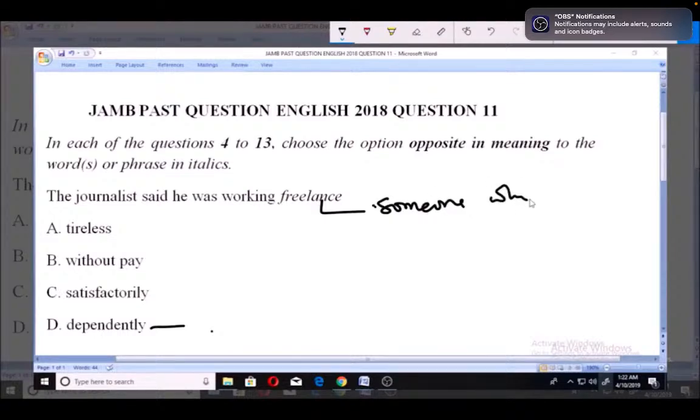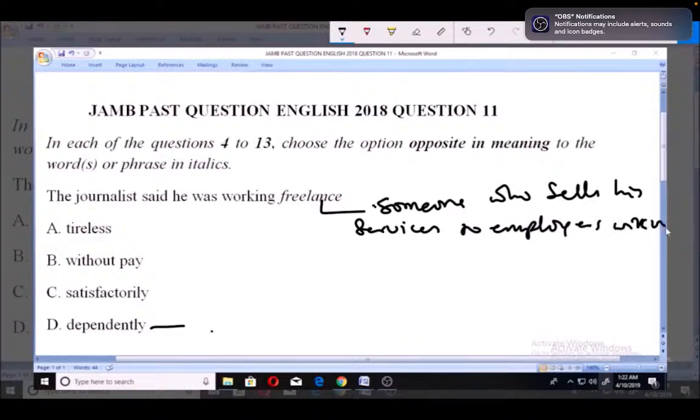Freelance means someone who sells his services to employers without a long-term contract. So that's the meaning of freelance.